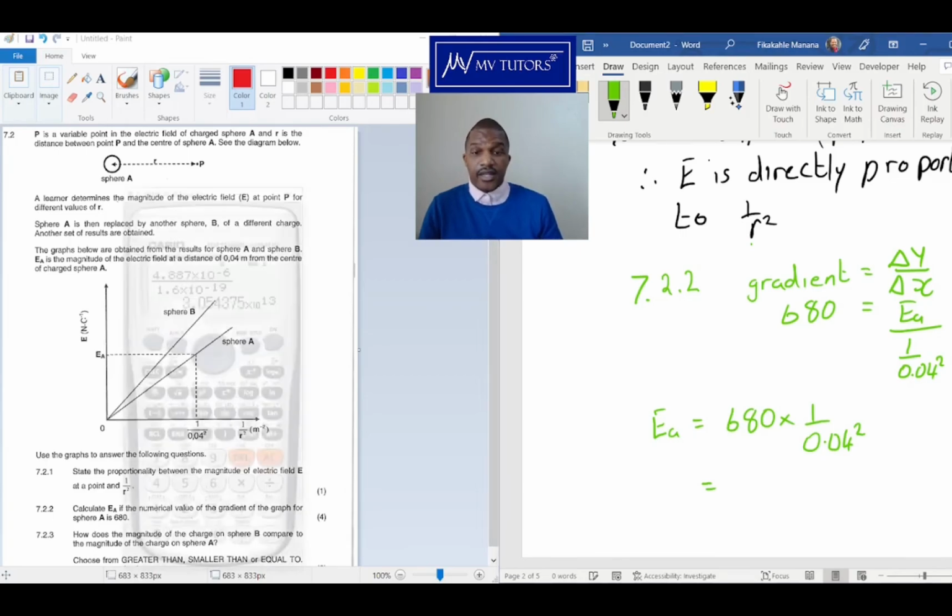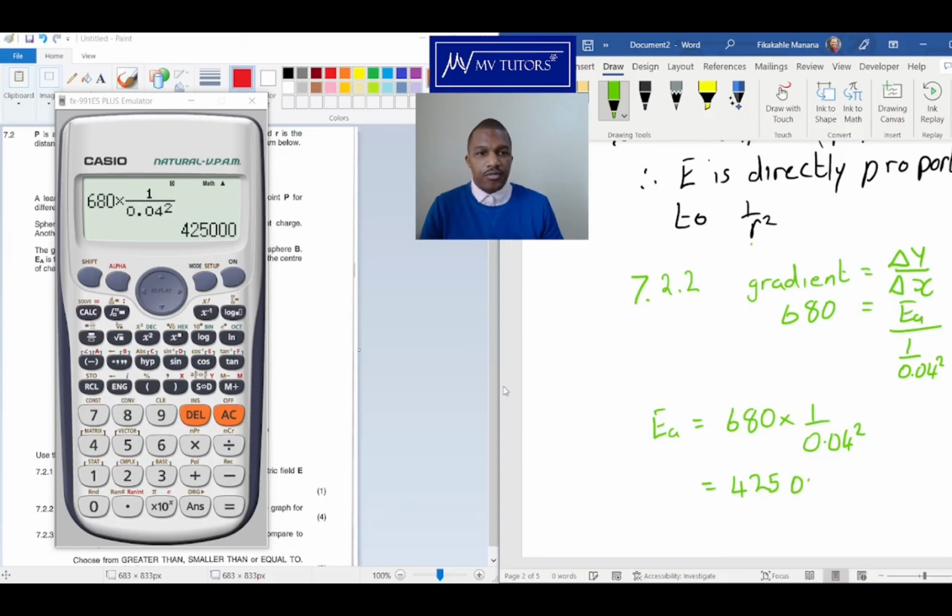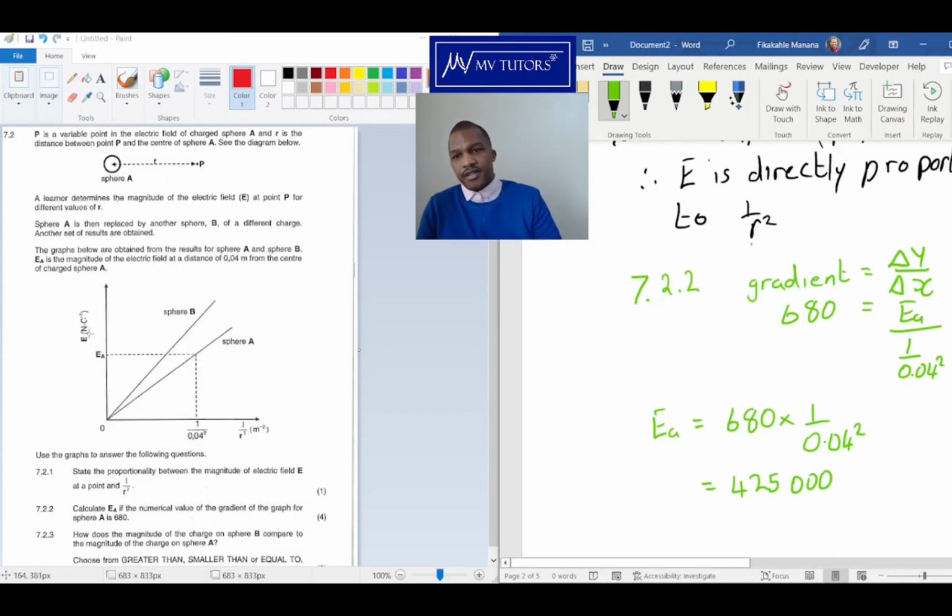Let's put that in a calculator real quickly. We get 425,000. And what are the units? You don't have to guess them, they're written there. Newtons per coulomb.